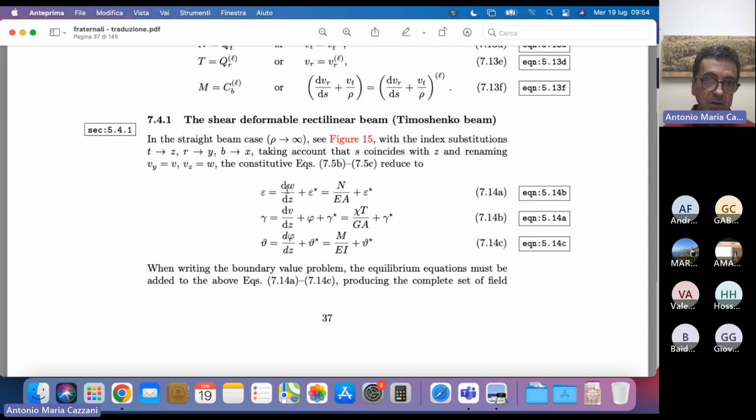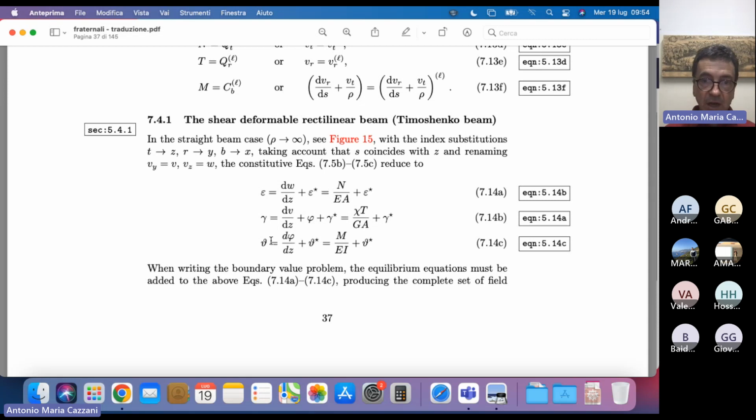So epsilon is only linked to the derivative of the axial displacement with respect to the arc length, which is now coordinate z, plus, of course, the prescribed axial distortion, and this is linked to the axial force. Gamma, which is a shear strain, is only due to the derivative of the transverse displacement with respect to z, plus the rotation of the cross-section phi.